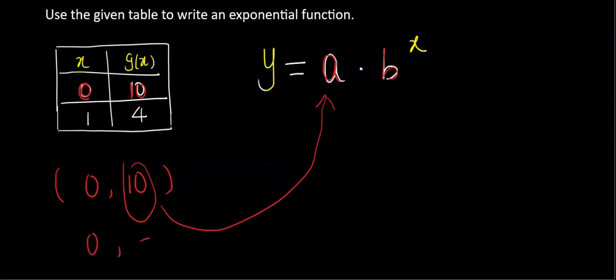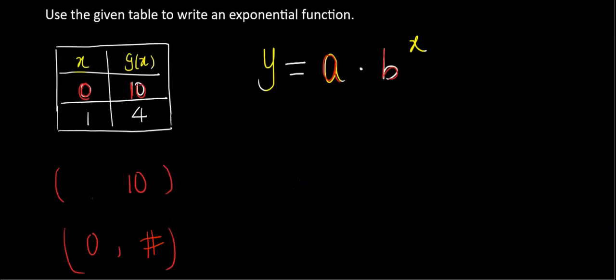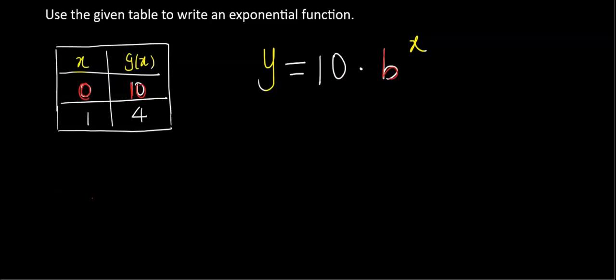Now, (0, a number), this number always tells you what a is. All right, now we have a, we can substitute 10 for a. Let's write down 10. Now, all we need to do is to figure out what is b.